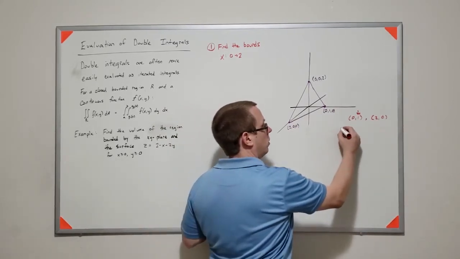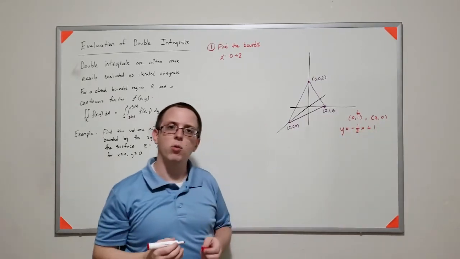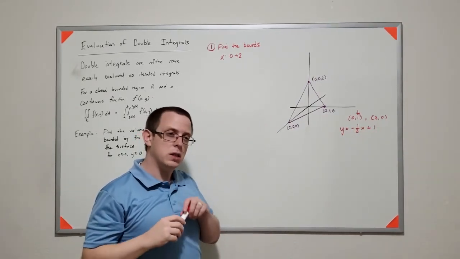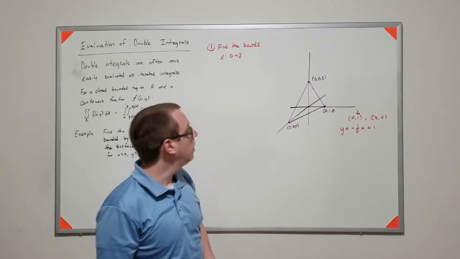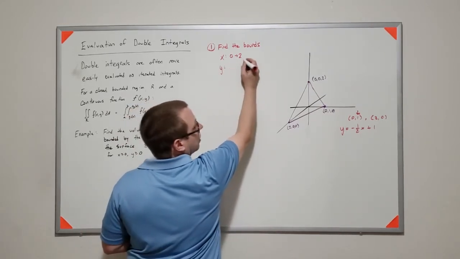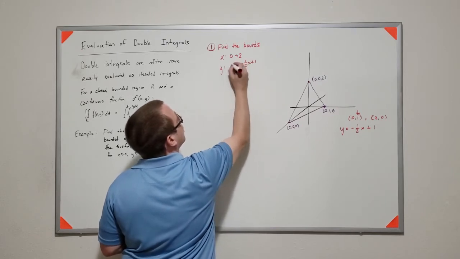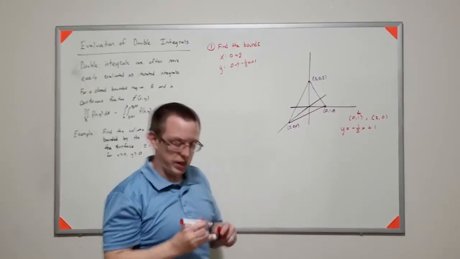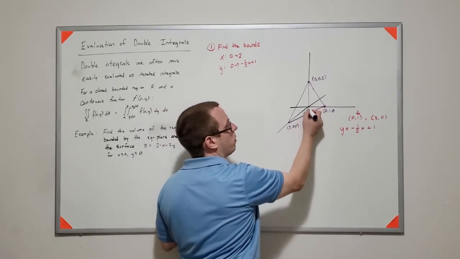So negative 1/2 x plus 1. But this is the key where it gets a little tricky. So y goes from 0 to that. What does that mean? Well, what that means is we're trying to look for this whole volume.